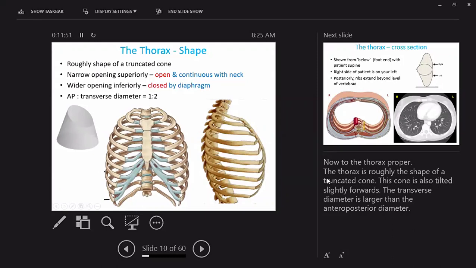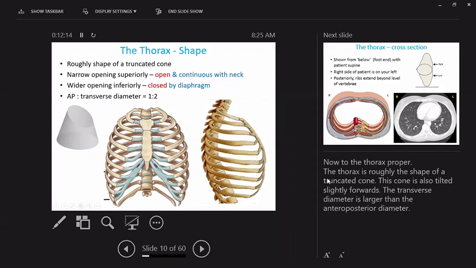If you cut the top off, that is truncation, but this truncation happens at an angle, and this little angle is facing forwards. So imagine a cone which is cut at the top but at an angle so that the angle faces front. See in this lateral picture, you can see that the angle faces front.